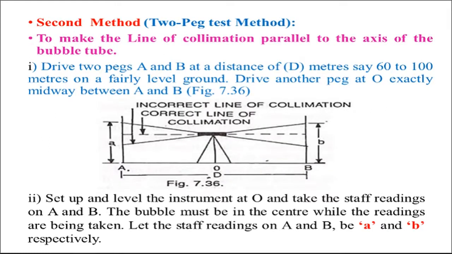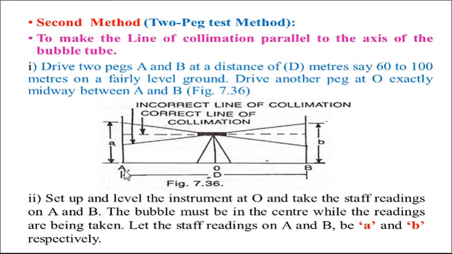Second adjustment. This is also known as the two-peg test method, and this adjustment is done to make the line of collimation parallel to the axis of the bubble tube. The procedure is: drive two pegs, A and B, at a distance of d meters, say 60 to 100 meters apart.